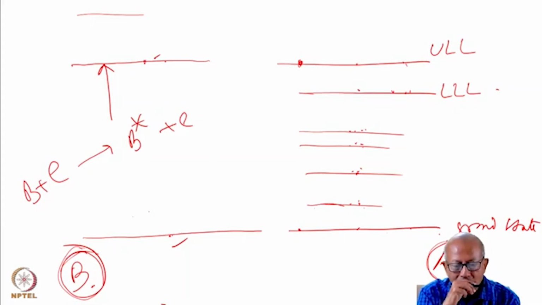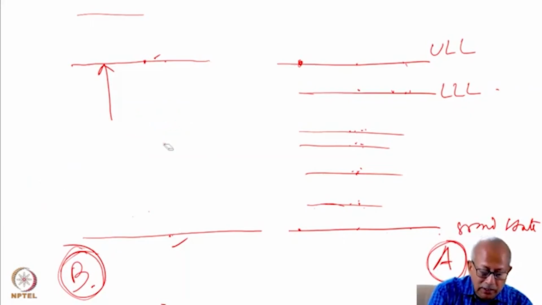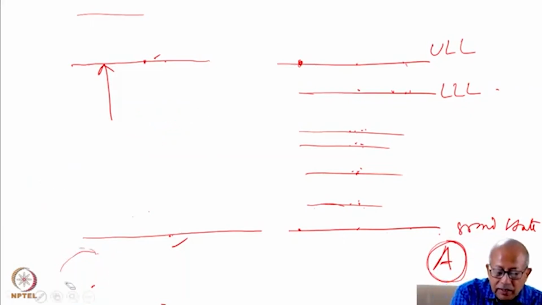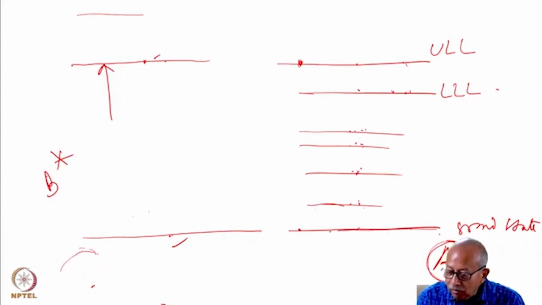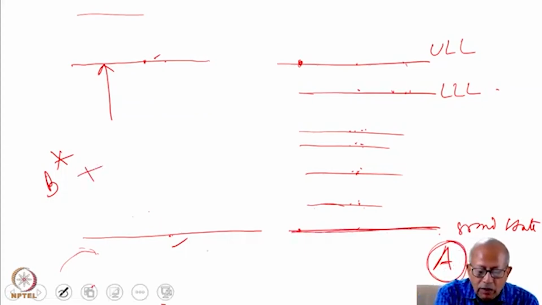Next, what will happen? The B atom in the excited state will collide with a neon atom, sorry, this A atom, in the ground state.